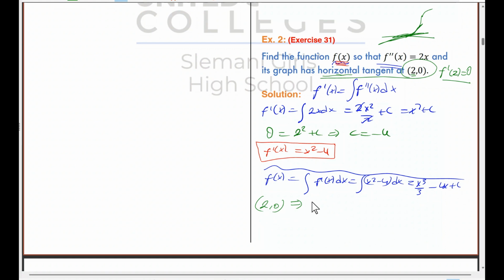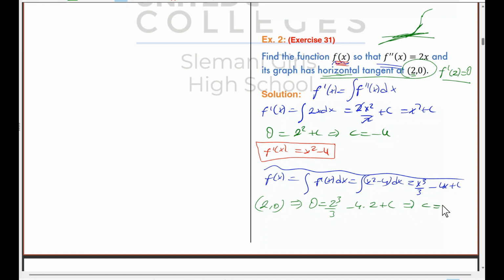So 0 equals 2 cubed over 3 minus 4 times 2 plus C. Now calculate C. We're going to have a fraction. I'm not doing the steps here. You can isolate C easily. Bring everything to one side of the equation and leave C on the other side.